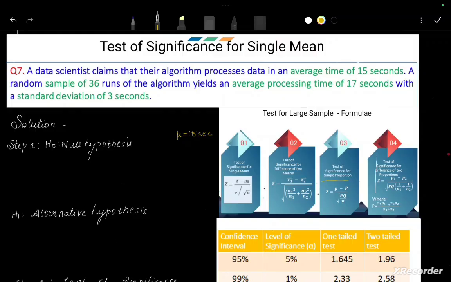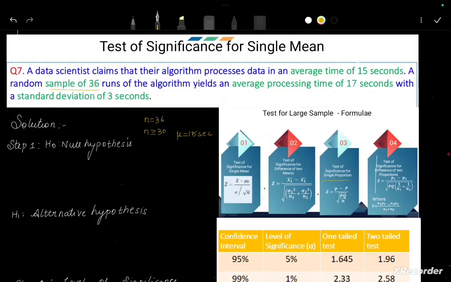Next, a random sample of 36 runs. So a sample of 36, and what does this 36 denote? It is your n value. So n is 36, and n is greater than or equal to 30, so from this you can identify the problem is a problem of large sample. A random sample of 36 runs of the algorithm yields an average processing time of 17 seconds.